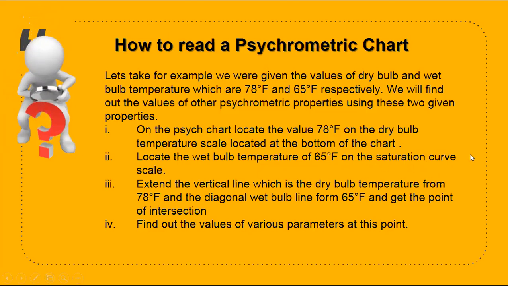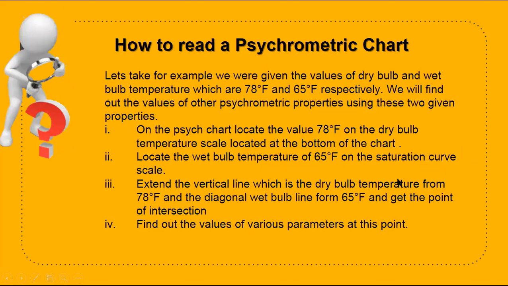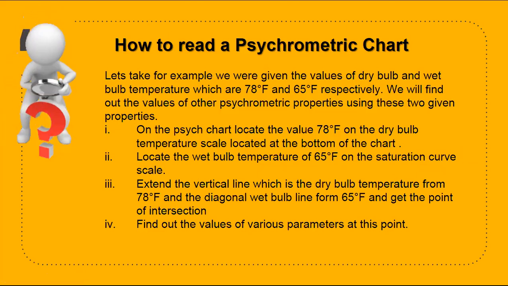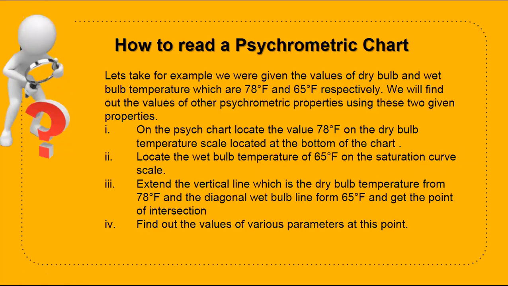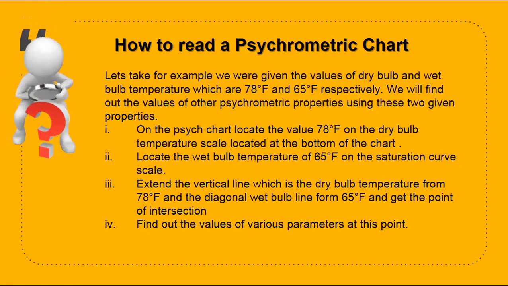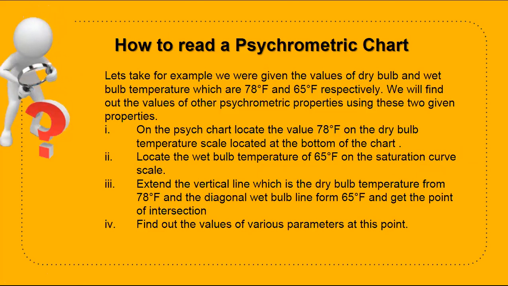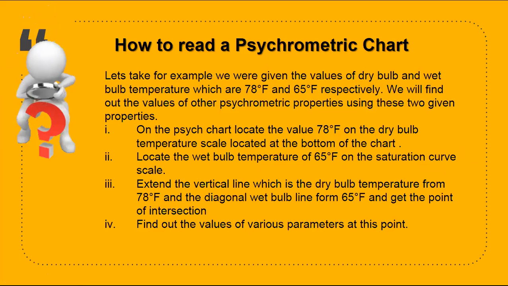So the saturation curve here is referring to the 100% relative humidity curve. Okay, so we have the blue curves that I have shown to you a while ago. So the saturation curve scale is right on the 100% relative humidity, or the one that is colored red.